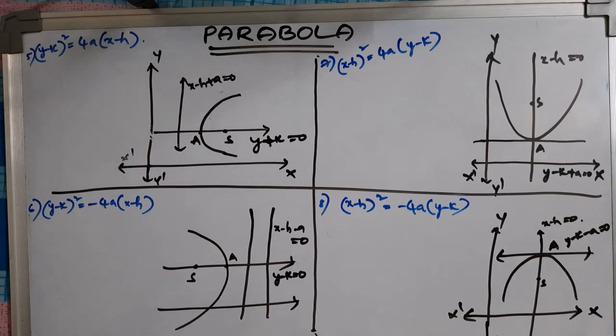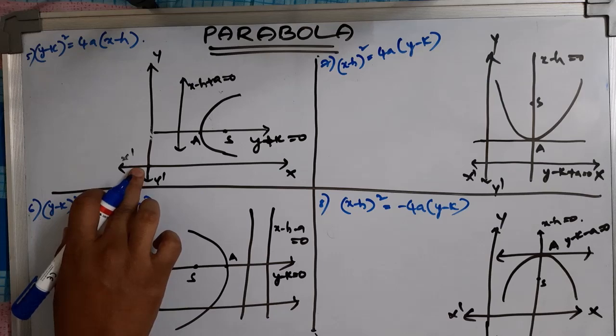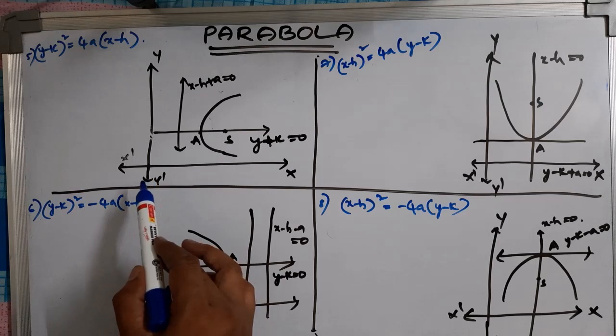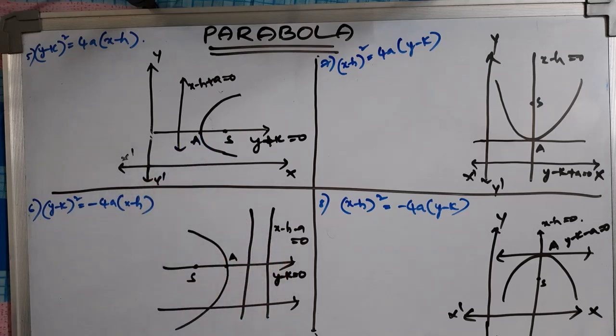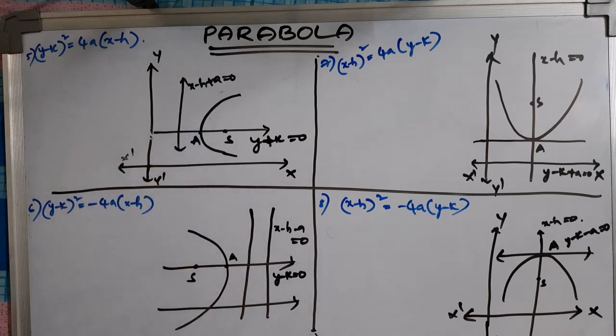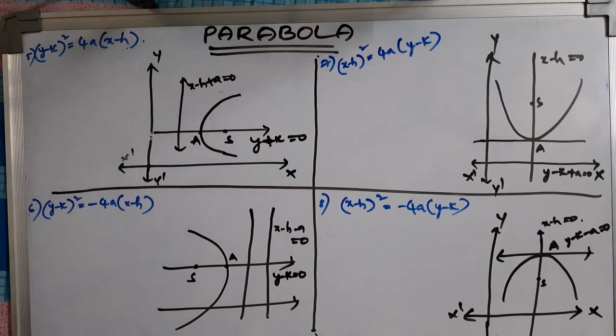As you can see in the previous four, the vertex is 0 comma 0, where the x-axis and y-axis meet at the point 0 comma 0, which we call the origin. But in these four cases, the origin is shifted somewhere else. The point is shifted from this place to this place, so the shifted coordinates are h comma k.